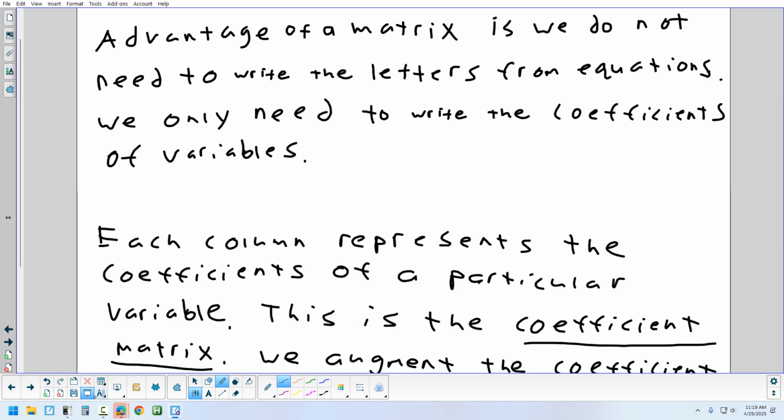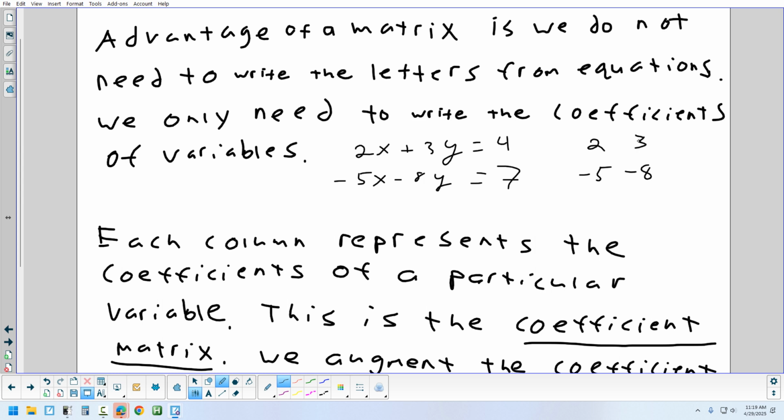And the way we're going to organize it, so we don't have to write letters, is each column in the matrix is going to represent a particular variable. So for example, if we have this, and I wanted to change just the left-hand side to a matrix, I would do 2, -5, 3, -8.